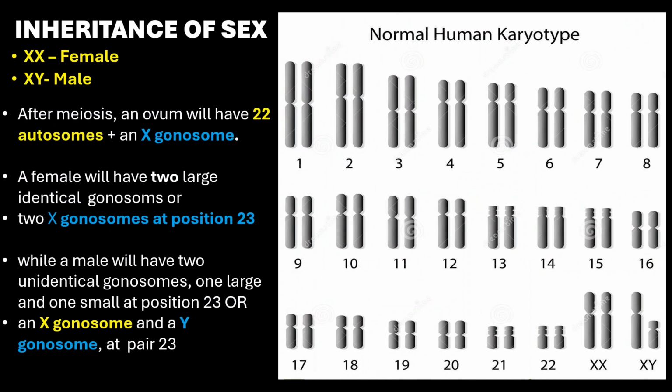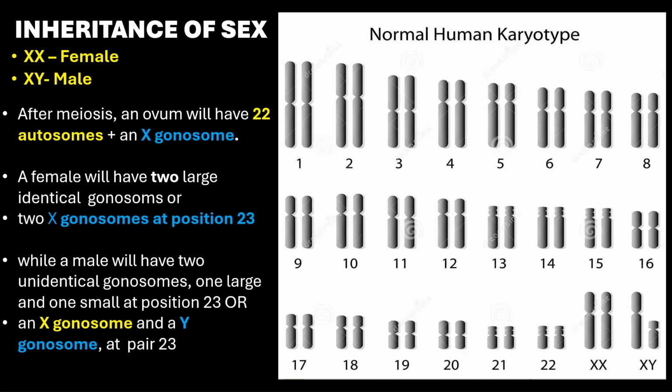If you write that, it's going to be wrong because the letter X wasn't given. What about male? A male will have two unidentical gonosomes, one large and one small at position 23, full stop. If the letters XY are not given in the question paper, this is how you answer.